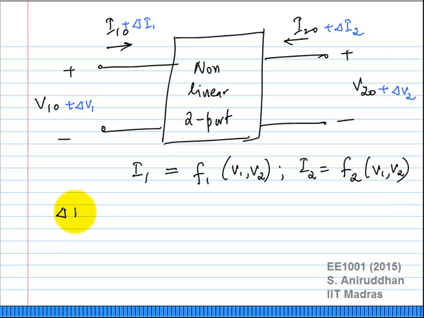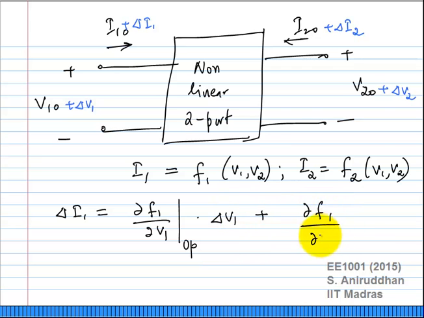Then you can write delta I1 as the partial derivative of f1 with respect to v1 at the operating point times delta v1, plus the partial derivative with respect to v2, dou f1 by dou v2 times delta v2.